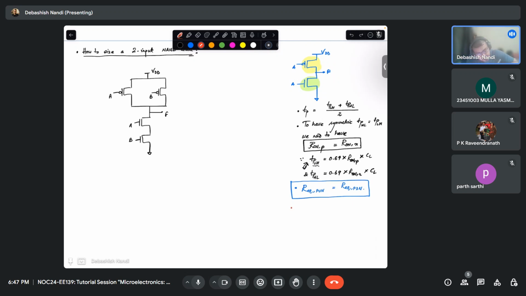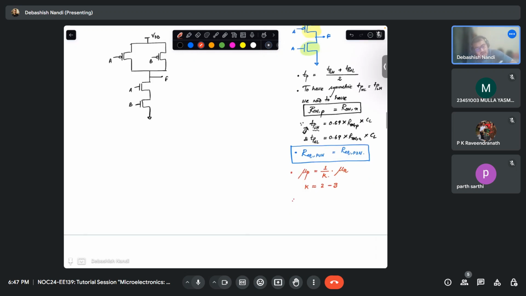So now the question is, mobility of hole, let's say 1 over K times mobility of electron. K is generally 2 to 3. So how about my R equivalent?